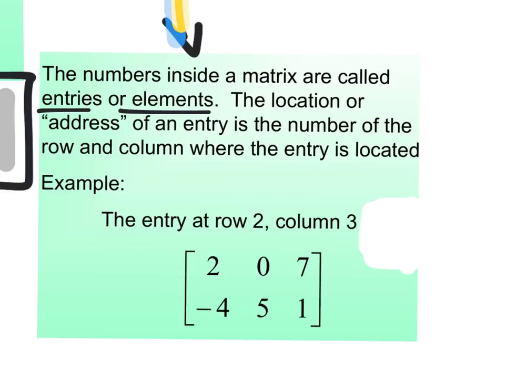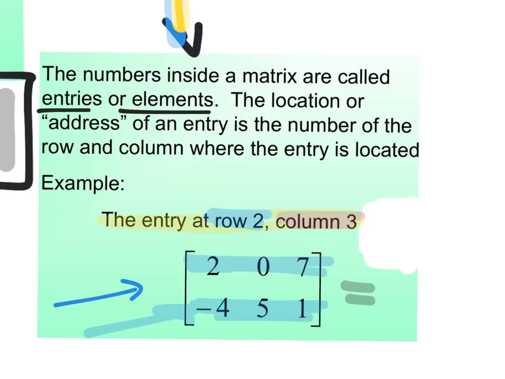And oftentimes when you're dealing with matrices, you're going to want to single out a particular value inside of the matrix. For example, here's a matrix, and I'm asking you what entry is at the second row, third column spot. Well, here are our 2 rows, so this is our second row.